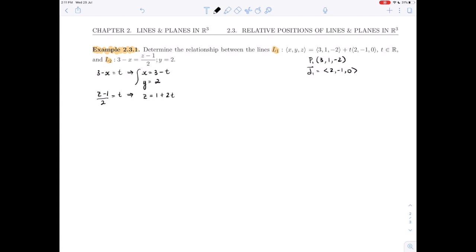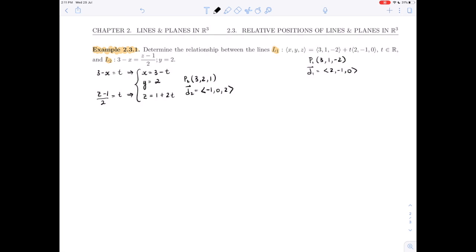Now here is the line in parametric form, and we can read off the point more easily. P2 is the point (3, 2, 1), and the direction vector d2, the coefficients of t, is (-1, 0, 2).